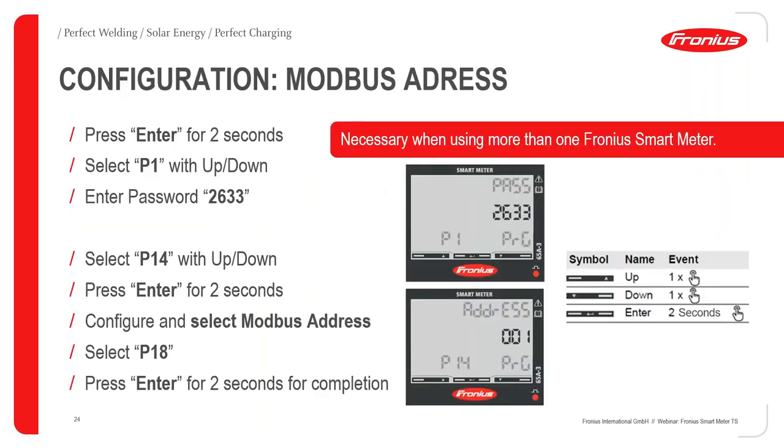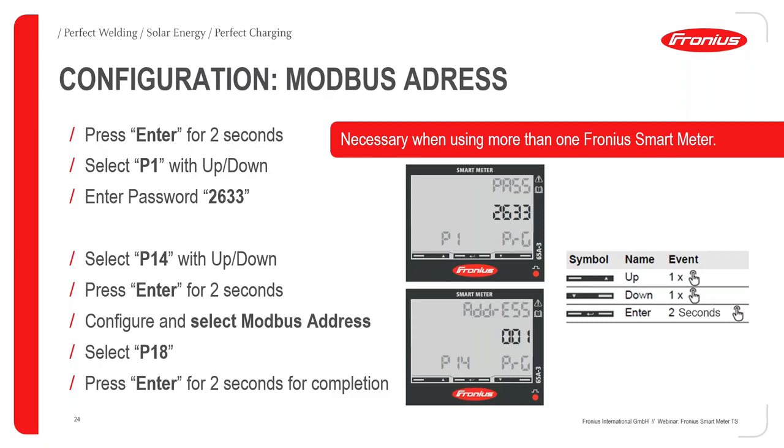So we have different scenarios where we also need to do settings on the smart meter itself, such as when we use multiple smart meters in a system. The standard configuration of a smart meter for Modbus address is always set to 1.